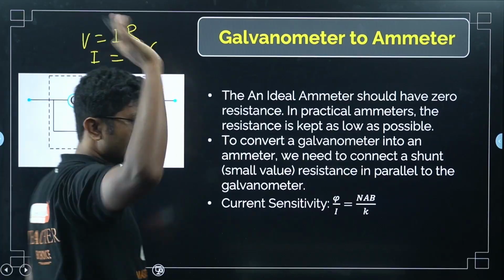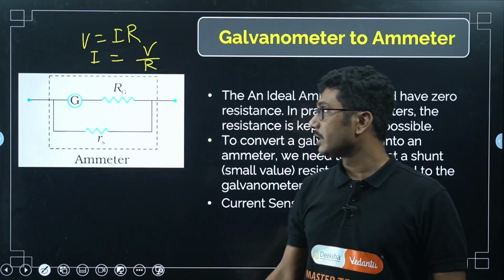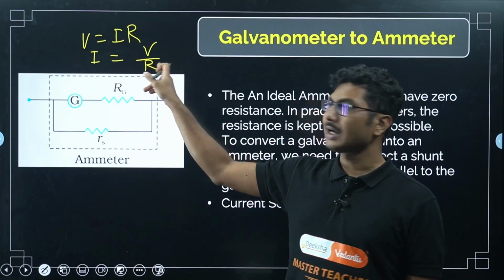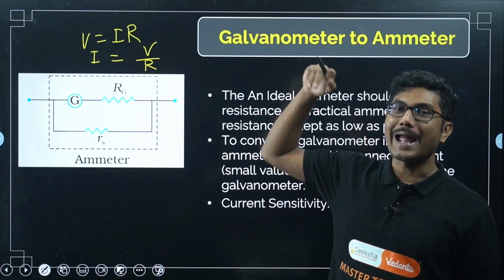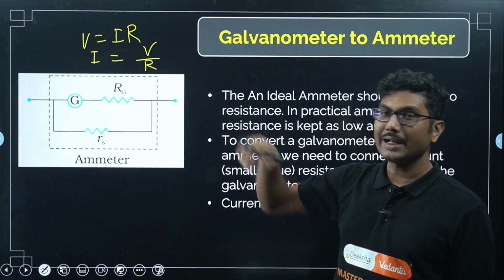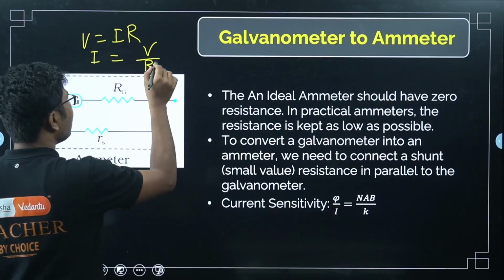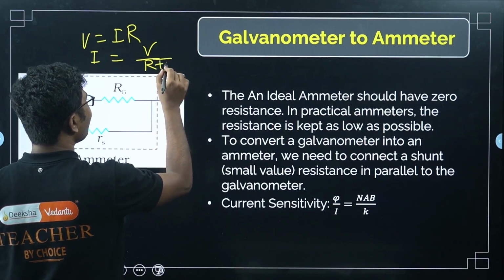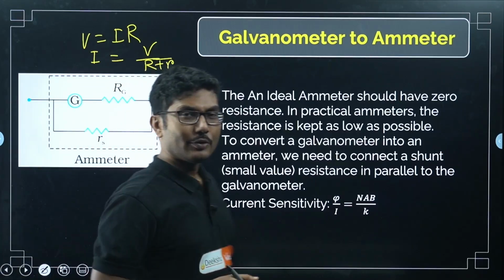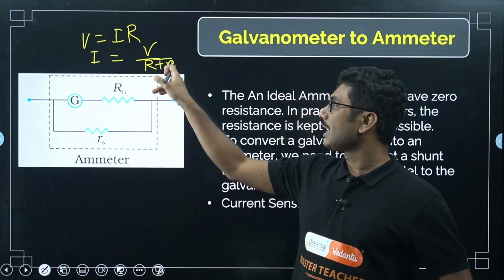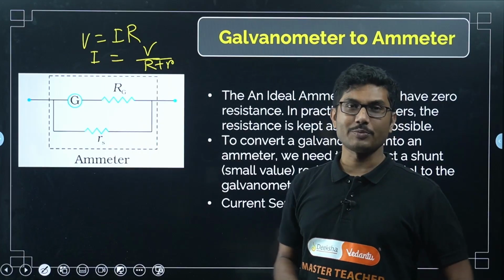Now suppose V is constant in the given circuit. This was supposed to be the current, right? Now you are adding an ammeter to measure this current, so the ammeter has some internal resistance. So what will be the current now? The current should be V by R plus R of the ammeter. So when you add this ammeter, the current automatically drops from the original value.